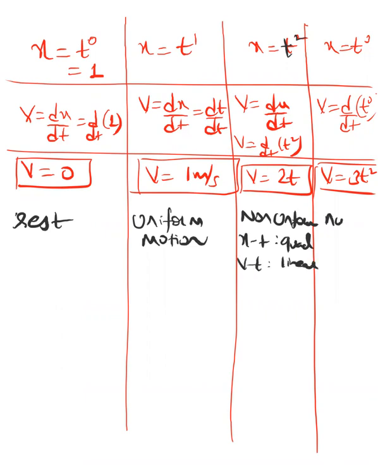This is also non-uniform motion, but here the position time curve is a cubic curve and the velocity time curve is a quadratic curve. If you draw the graph for this, the xt graph looks like this.